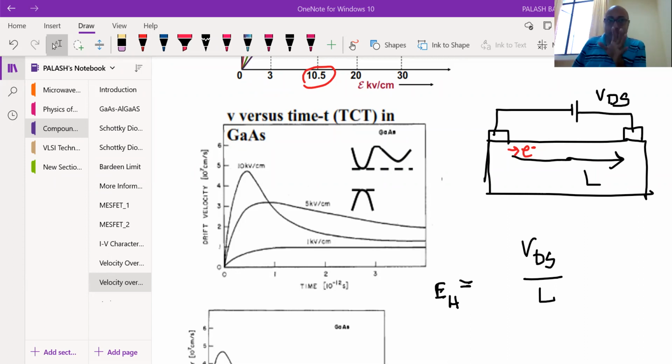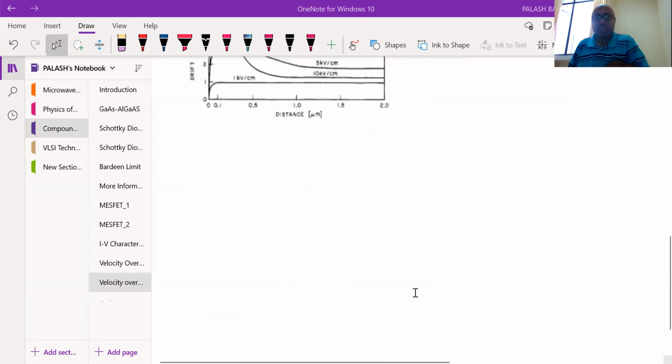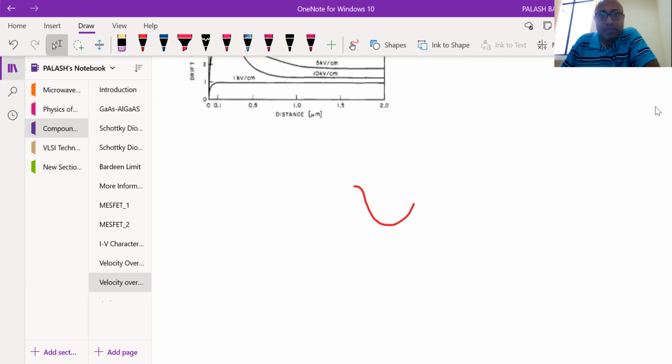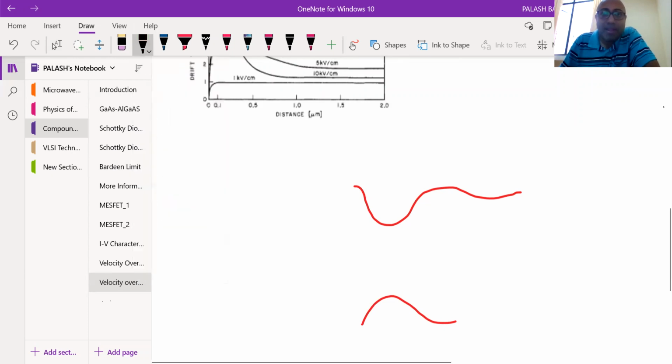It is possible. Just think about a situation where you have, let me draw the same satellite valley and all these things. If you can remember nicely, this electric field is rolling over to the nearest satellite valley, and such 4 satellite valleys sit there.